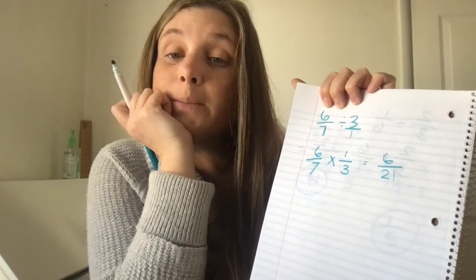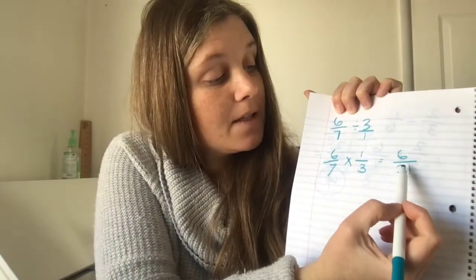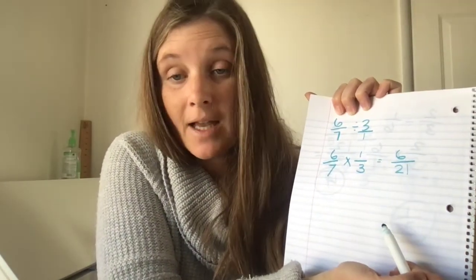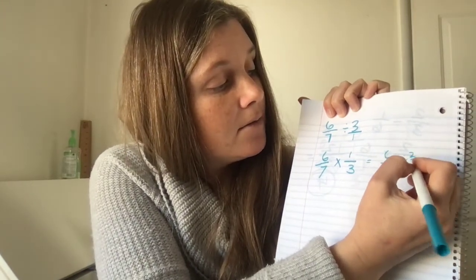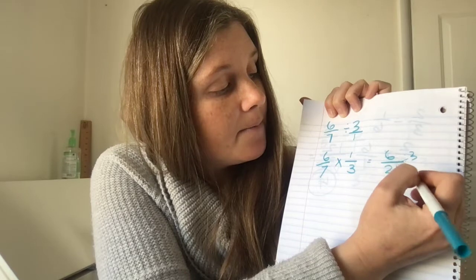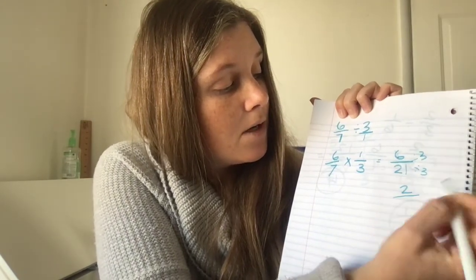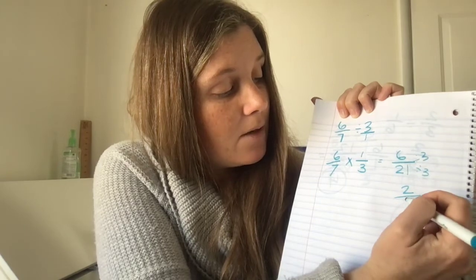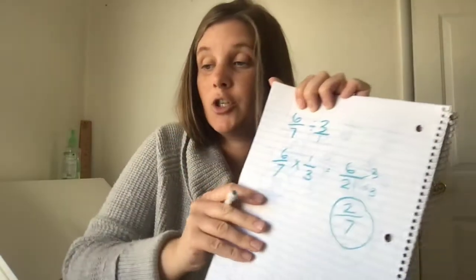Now, can we simplify this? What can we divide both of these numbers by? How about 3? Divide this by 3. Divide this by 3. 6 divided by 3 equals 2. 21 divided by 3 equals 7. So my answer is 2/7.